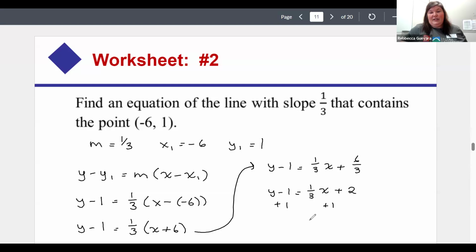Add 1 to both sides, and we're going to get y equals 1/3 x plus 3. Once again, if you just want to quickly check, if we put -6 in, 1/3 of -6 is going to be a -2, plus 3 would give me a +1. So this point would still work in the line.